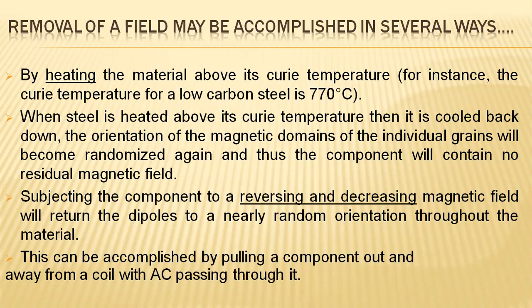By heating the material above the Curie temperature, which for low carbon steels is 770 degrees centigrade, a phase transformation level of temperature, and recooling back to its normal range of temperature, the residual stresses produced by the electrons upon magnetization will be relieved if this heat treatment process is considered.